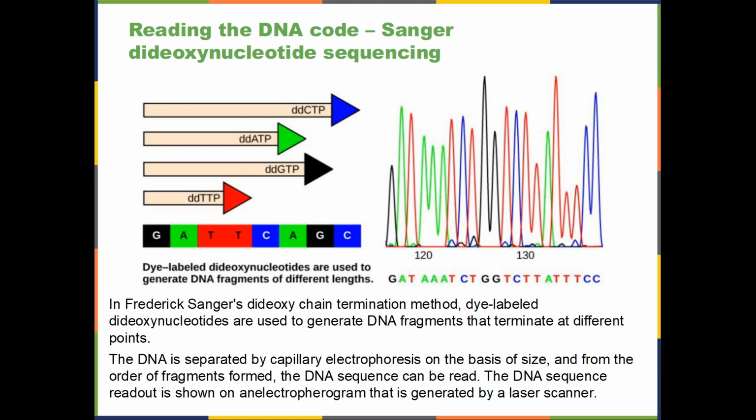He filled each of the 4 tubes with all of the needed nucleotides, G, A, T, C, and then he put in basically a kill sequence, a dideoxynucleotide.